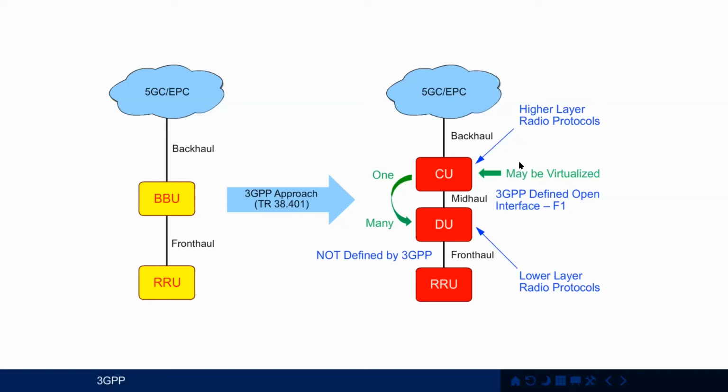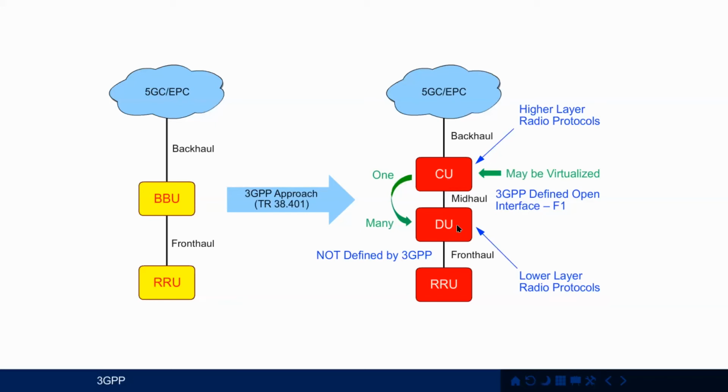So the idea being the higher layer protocols, such as radio resource control and the packet data convergence protocol, could be located in the centralized unit, and they could in fact be virtualized. So the CU itself could in fact be in a cloud on a computer server somewhere accessible via the internet.